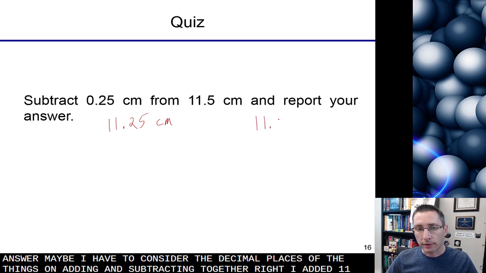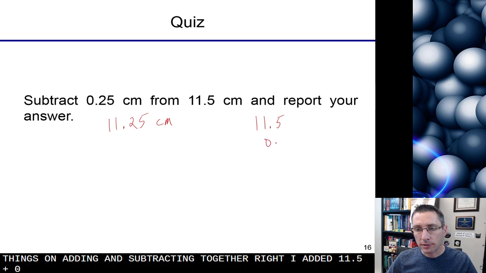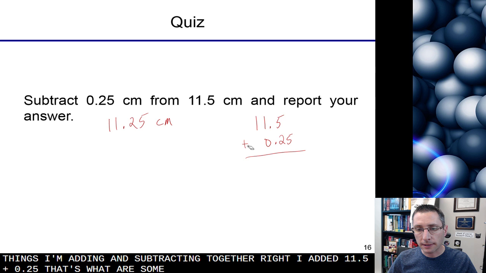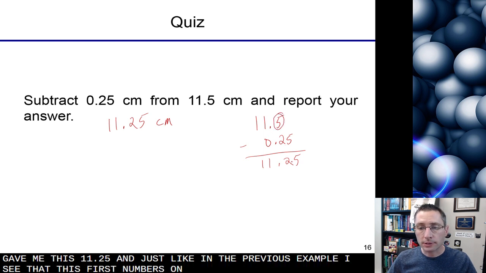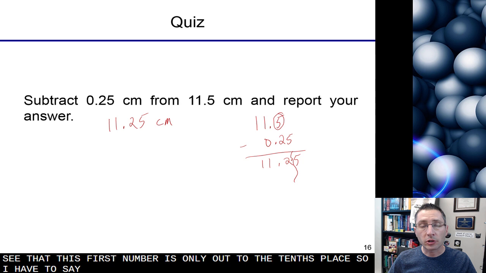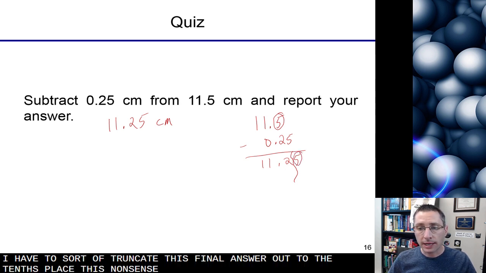I added 11.5 and 0.25, or subtracted them, excuse me. That's what gave me this 11.25. And just like in the previous example, I see that this first number is only out to the 10th place, so I have to truncate this final answer out to the 10th place. This non-significant 5 here means the 2 gets rounded up to a 3.